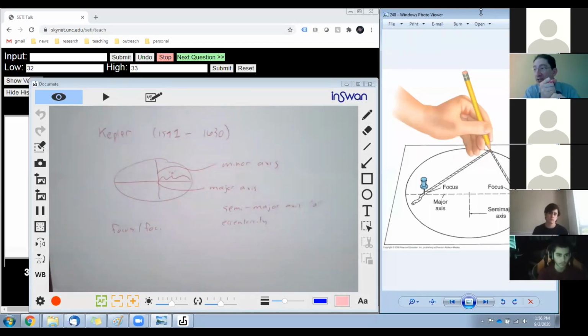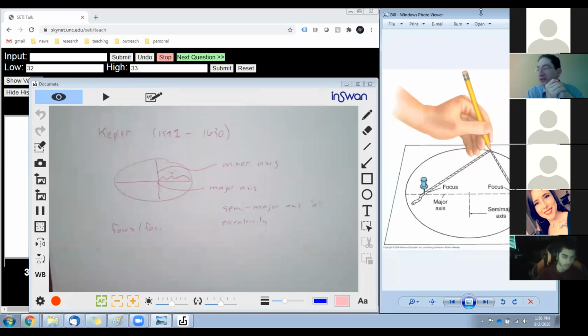If they're on top of each other, we have a circle. In that case, the semi-major axis is just, what do we call it with the circle? Radius, that's right. The semi-major axis and the semi-minor axis are the same. We call it the radius. So if you want to think about the semi-major axis, think of it as the long radius of an ellipse, the radius on the long dimension of the ellipse.